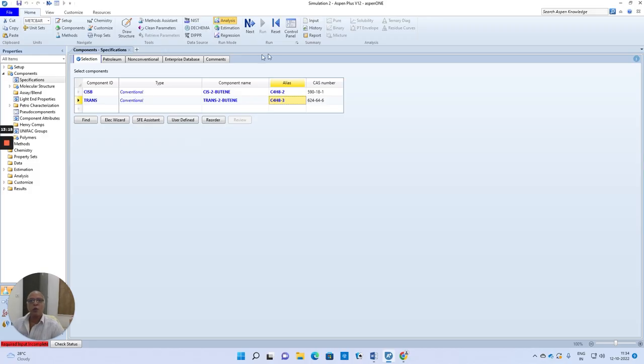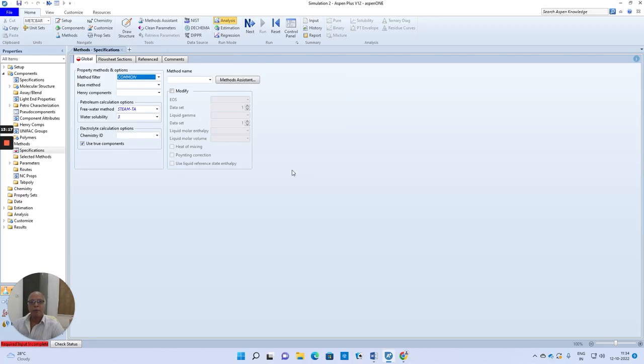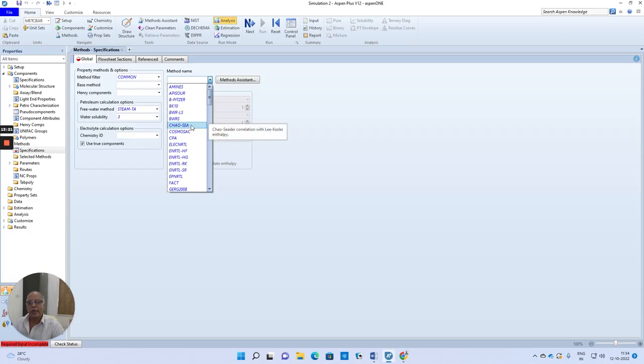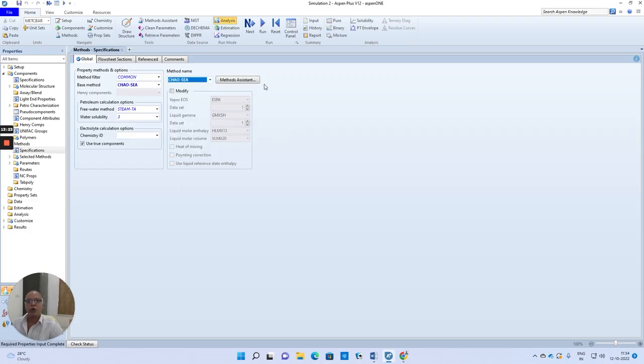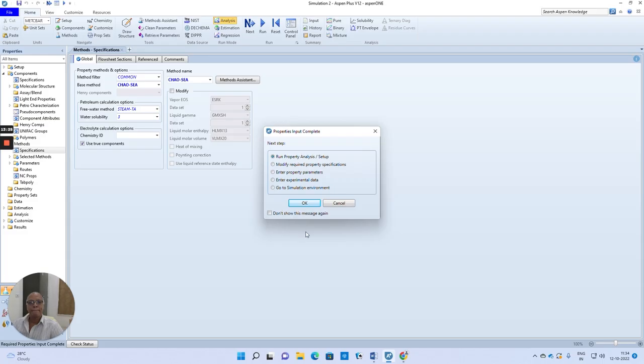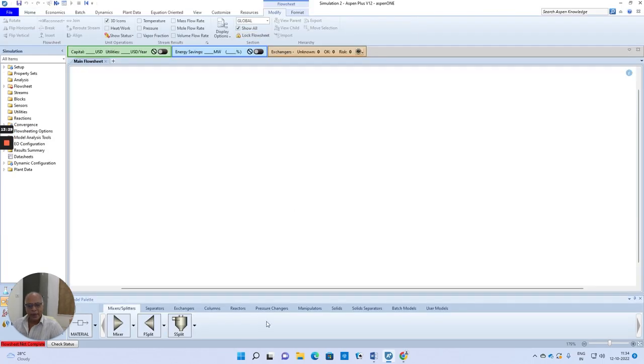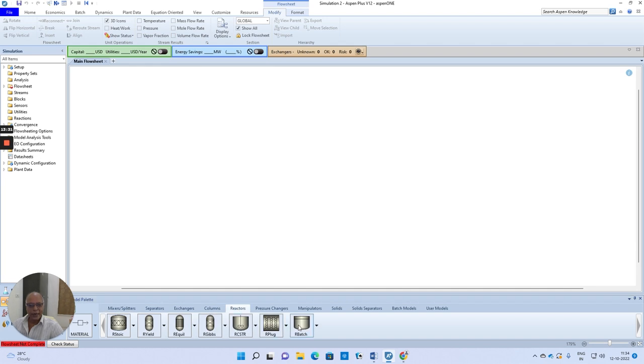So these are the only components that I am using in this problem. So again, choose some property model. You can go into the details of how to select an appropriate property model. Go to the simulation environment. Again, use the batch reactor.